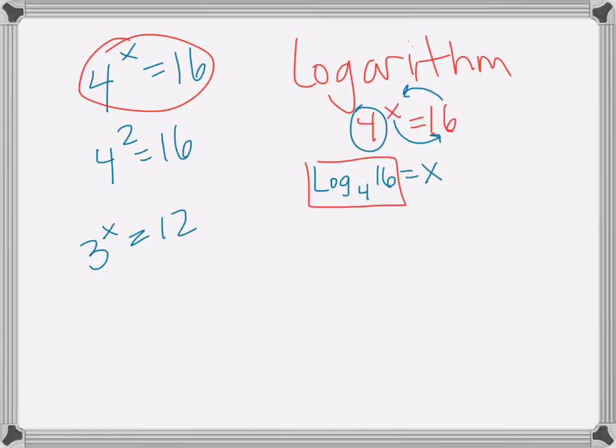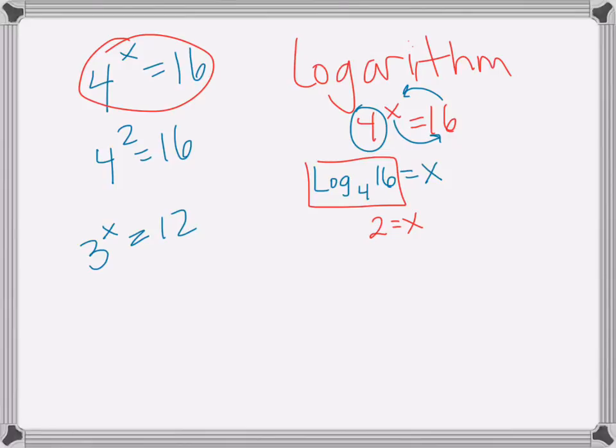Now I'll go ahead and spoil the fun for you. We already know that x is going to be 2. So log base 4 of 16 is an answer of 2. But you can actually plug that expression in to find out what x equals. Okay? So that is how we change it from exponential form to logarithmic form.